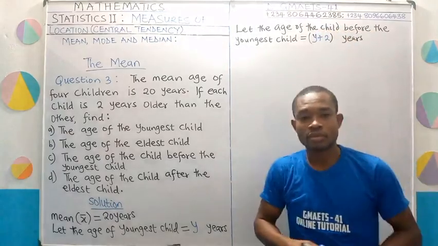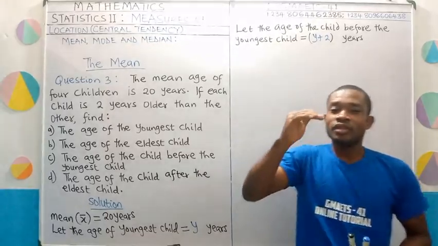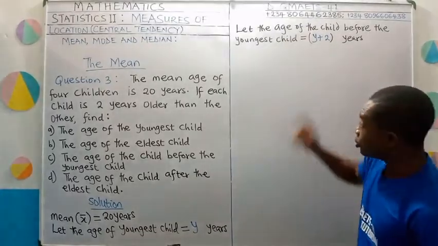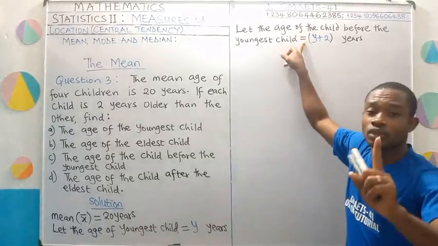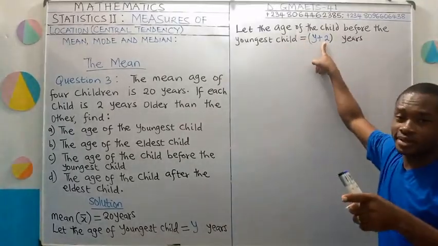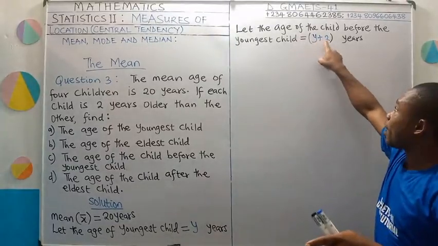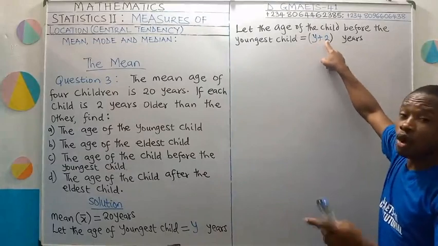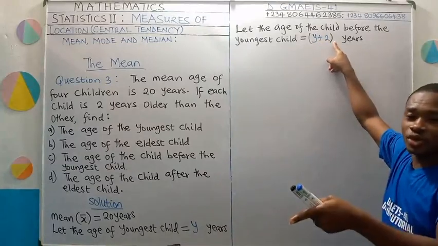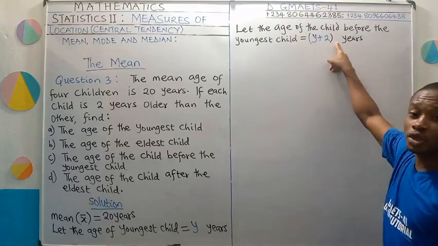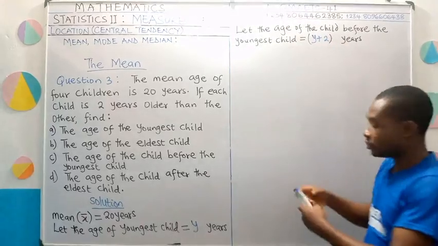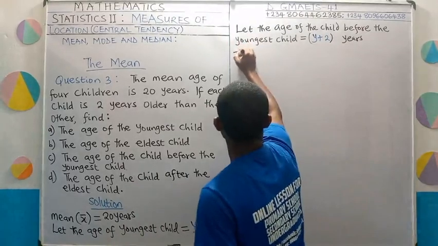Good. Now, the child that is older than this one will be 2 years older than this. If you add 2 to this age, it will be y plus 4, because y plus 2 plus 2 gives us y plus 4.